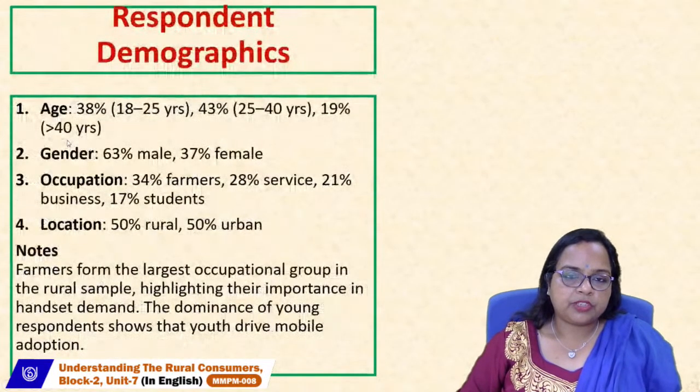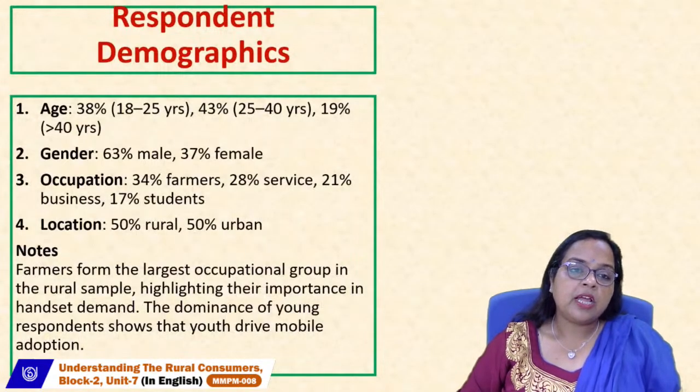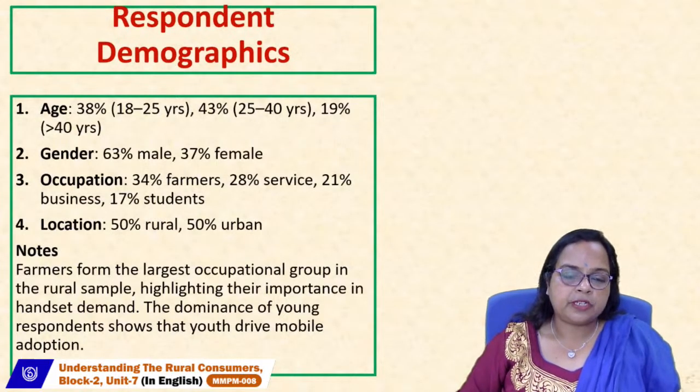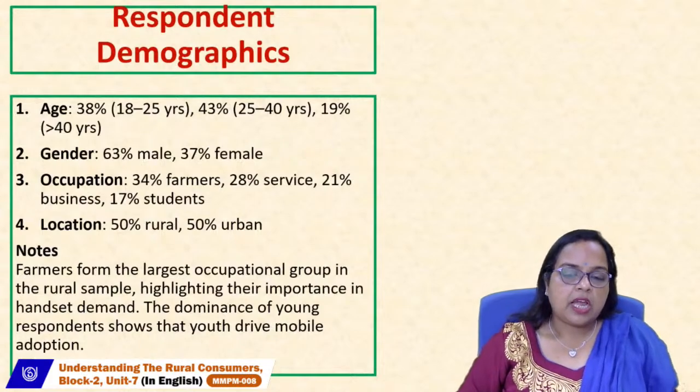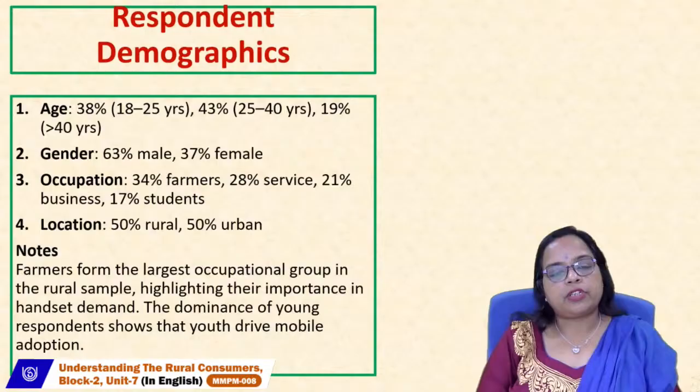And for this, what are the respondent demographics? The case is available in your course material. The first one is demographic details. For age, 38% of people are between 18 and 25 years, 43% are between 25 and 40 years, and 19% are more than 40 years.